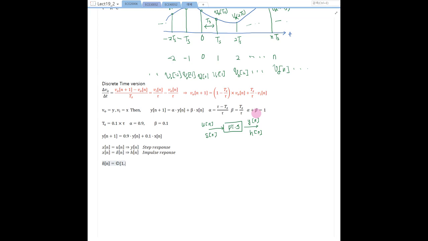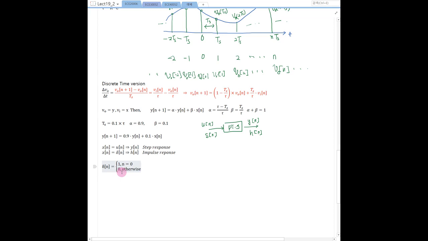So the delta sequence, the unit impulse sequence, is defined: if n equals 0, it is 1, and all other cases are 0.